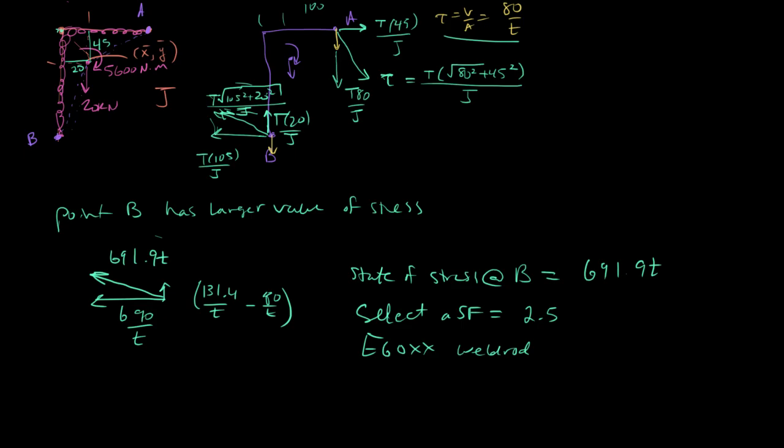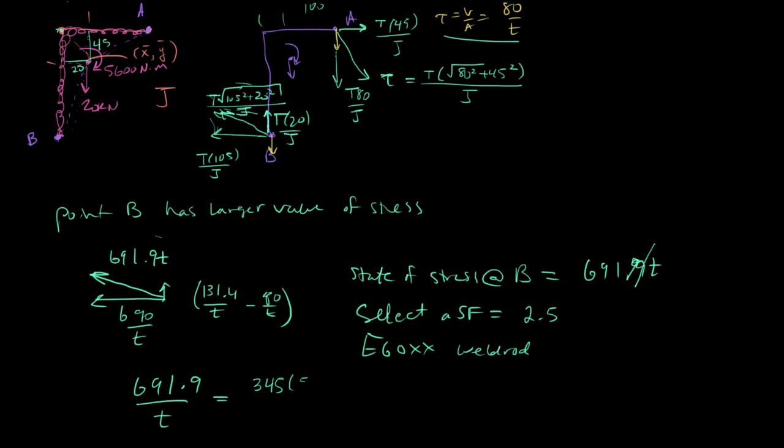So if we look at the yield stress, then we have to say that, oh sorry, this is 691.9 over T. So we have to say that the state of stress at B is 691.9 over T, and it has to be equal to the yield stress, which, if it fails in shear, we take the yield stress, which is about 345 megapascals.